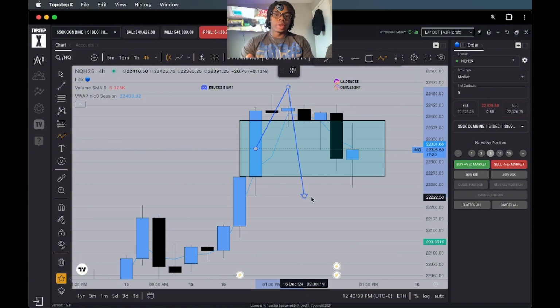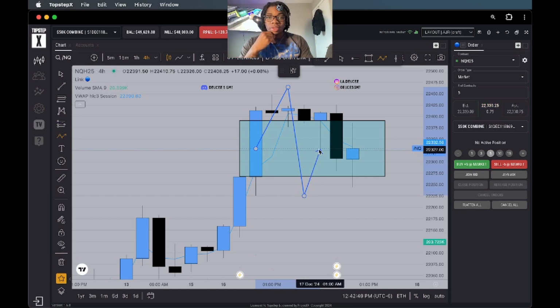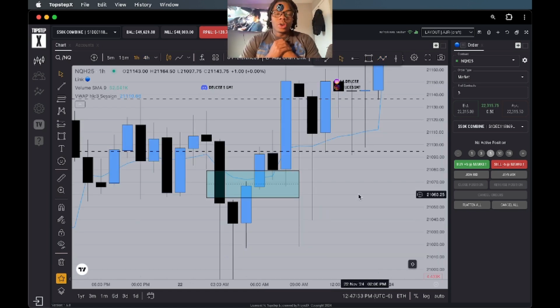Once we close all the way through, below the box that we made for our fair value gap, in order for it to be an inverse fair value gap, we're gonna come and retest this line right here before continuing down. Cool. It was kind of hard to find a perfect example of this, and this is still not perfect, but this is kind of the gist of how that goes.